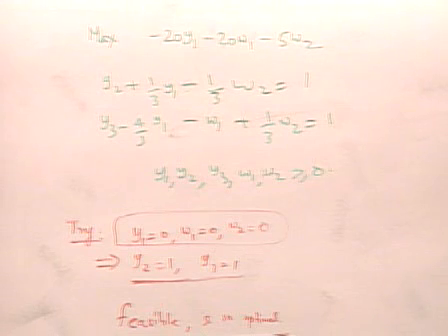Okay, I see. So I think the question is, when do you apply the primal simplex method? When do you apply the dual simplex method? And what if neither one can be applied?